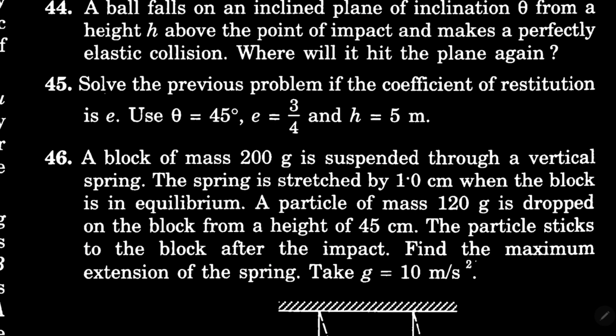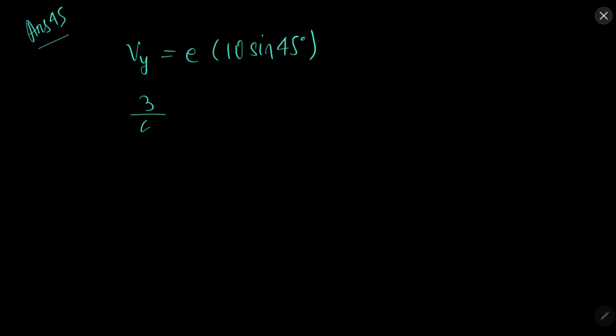In question 45, we have to solve the previous problem if coefficient of restitution is E. So this is solution 45. So now by the equation that we have, Vy will be equal to E into 10 sin 45 degree, 3 by 4 into 10 into 1 by root 2.